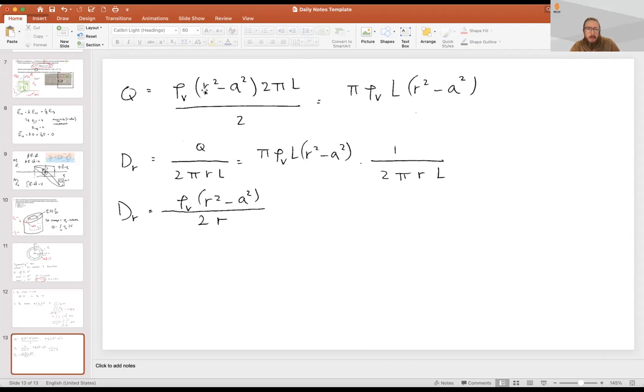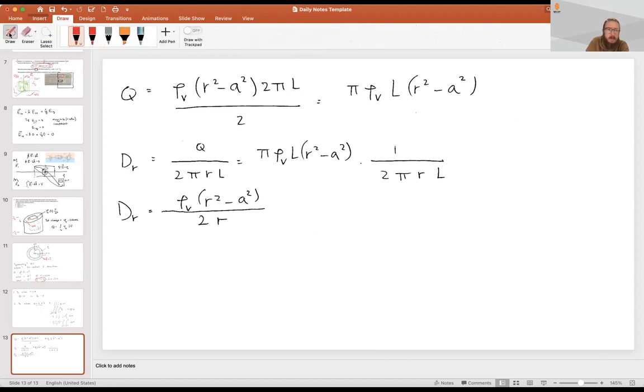And so if we solve completely for Q, we'll get to this expression for Q. Yeah, sorry.